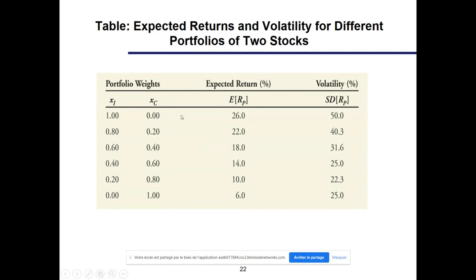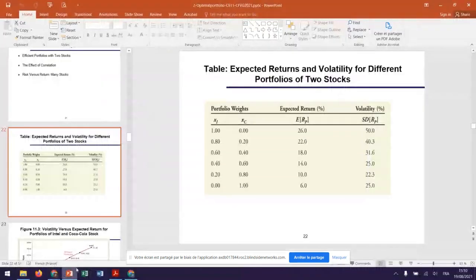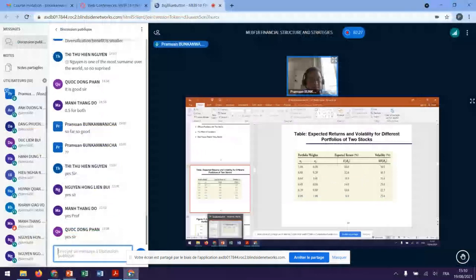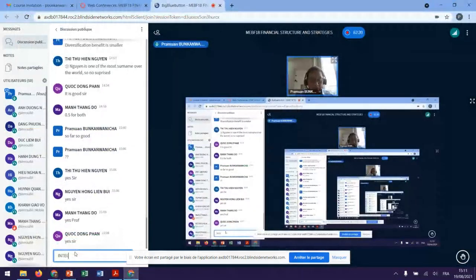Can you give me the characteristics of Intel and Coca-Cola stock? Everybody knows what characteristic means? It means what is the expected return, and what is the standard deviation or volatility of each stock? So in other words, if I have Intel, what I want to know is the expected return and the volatility of Intel.